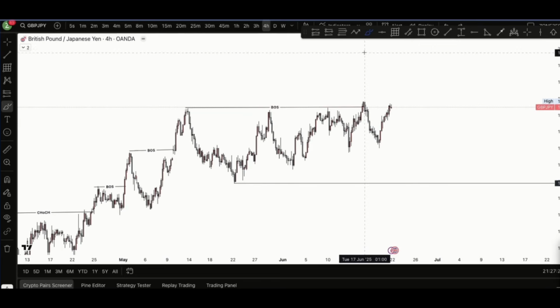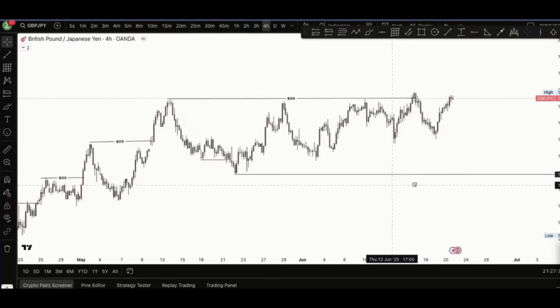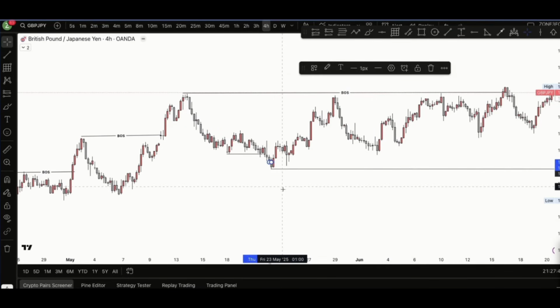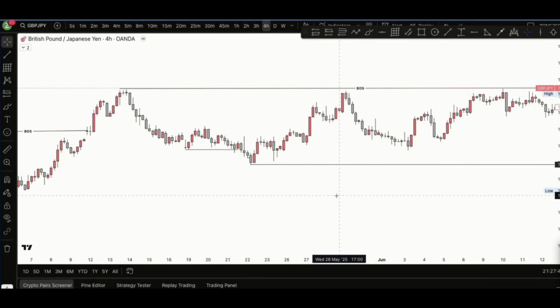So now from here we have this last break of structure, and then this candle, look at this candle, this one that I marked my low on, swept this liquidity. This last low is a last low. It swept it.